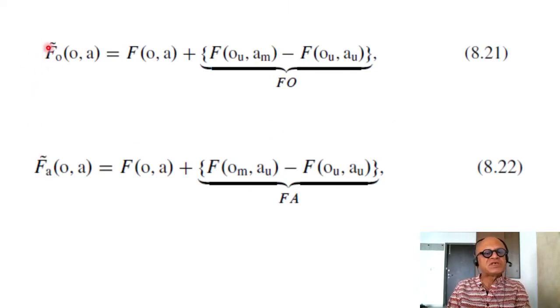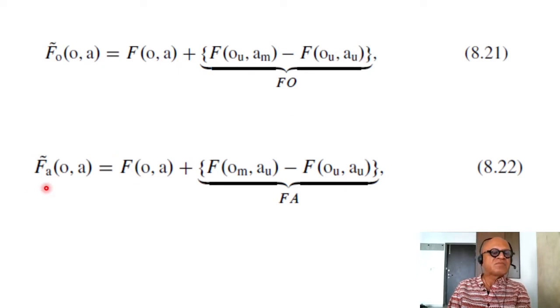The ocean sees an ocean atmosphere flux, that is what the model is producing, plus a correction which depends on the uncoupled ocean flux, so what the ocean actually sees if it is not coupled, because that is taking in some measured atmospheric quantities to produce that flux, minus the uncoupled ocean and atmosphere fluxes.